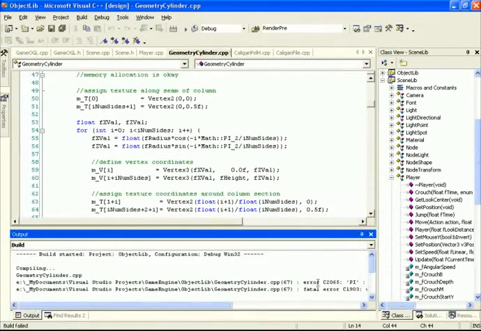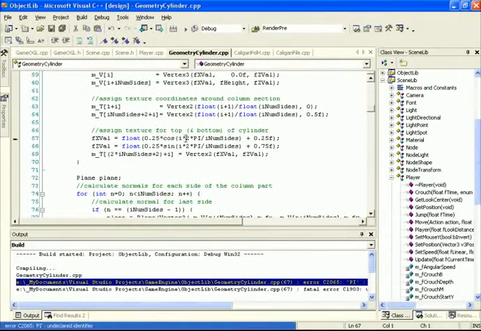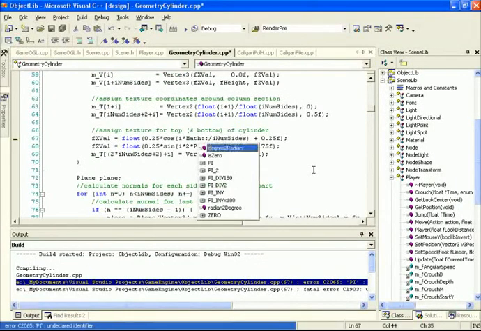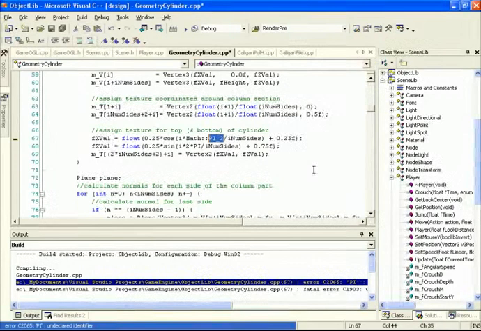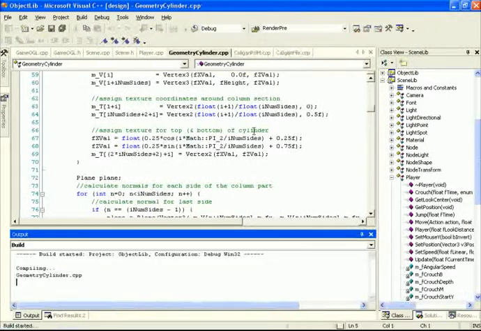Here's some more. Math pi times 2. Try rebuilding.